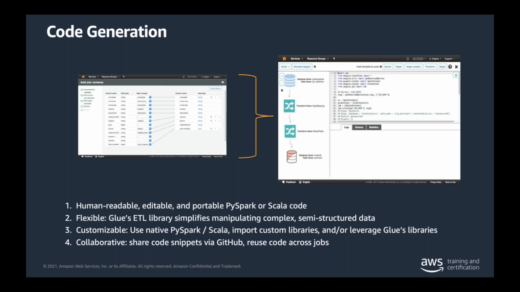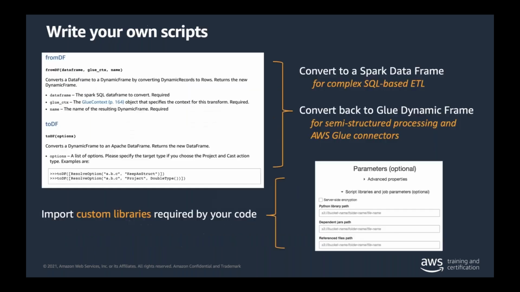You can also import custom libraries, or you can even leverage Glue's extensive libraries along with the Spark libraries. And the code that you write can actually be shared via GitHub and it can be reused across jobs, which really makes AWS Glue a very collaborative tool. So you should make use of this capability of sharing your code in GitHub if you can.